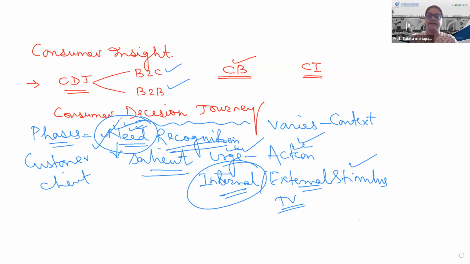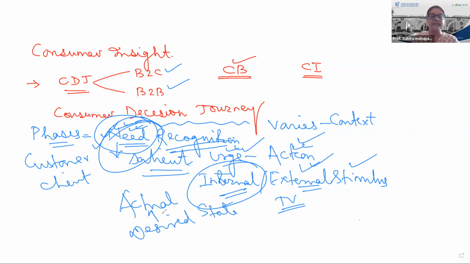As a marketer or a brand manager, how can you go for a stimuli which would trigger a need, an external stimuli? There are different ways you can trigger the need and make the gap between the actual and desired state quite obvious, quite distant.